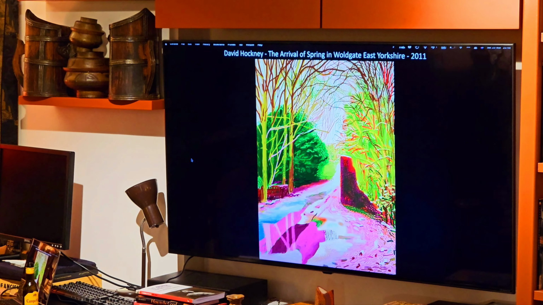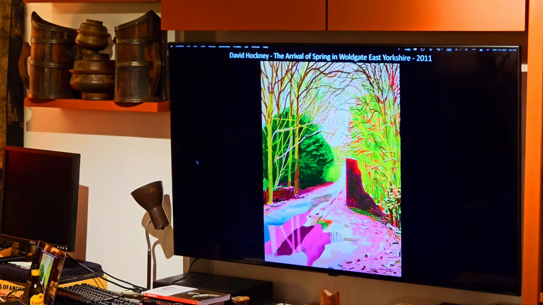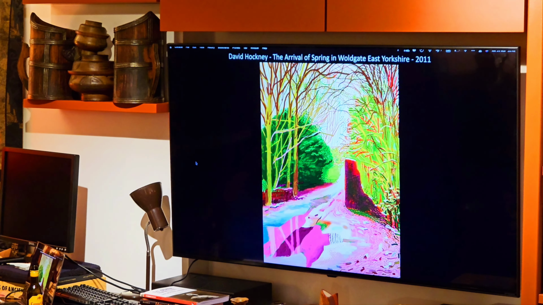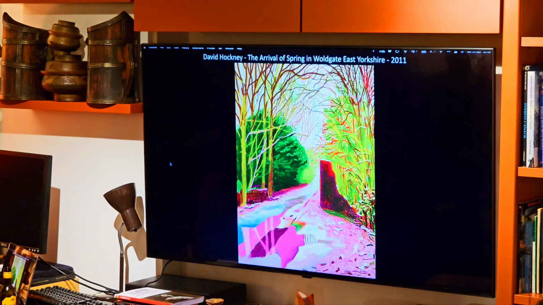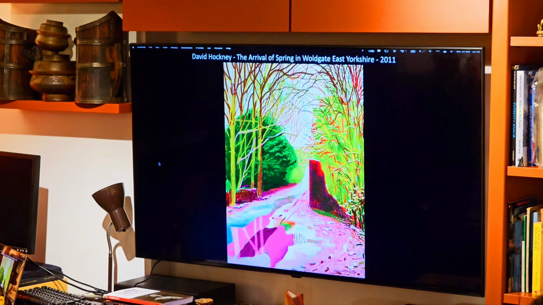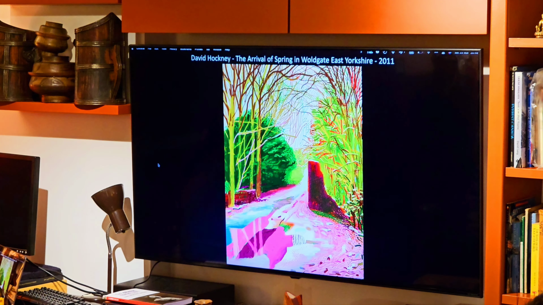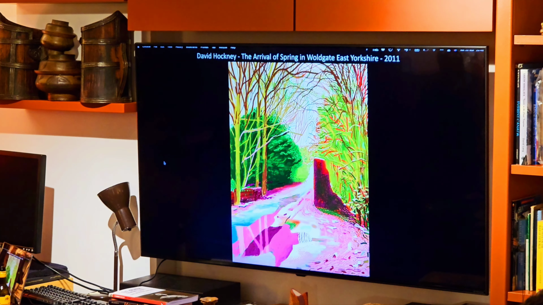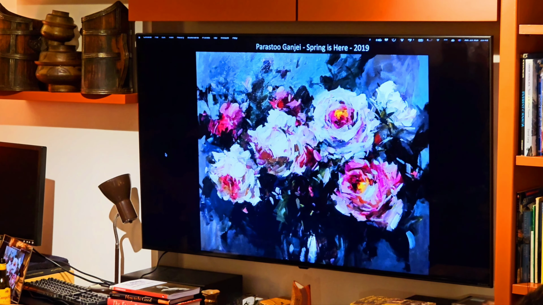David Hockney does spring. This is one of his iPad paintings, drawings, what do you call it actually? iPad works anyway, which he's been doing a lot of recently. He did a whole series of day by day different images of spring.